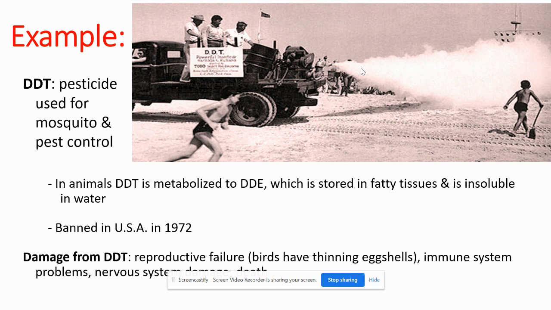It was accumulating within the organism, but also, if we're spraying this on everything else, mosquitoes have it too. We also see biomagnification because they're getting it through their food web as well. So luckily we're past that. It also caused immune system problems, nervous system damage, and death in humans, so it wasn't ideal.